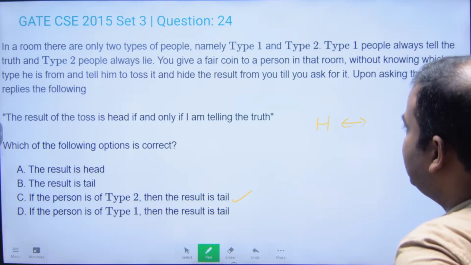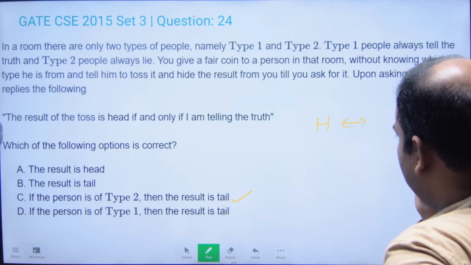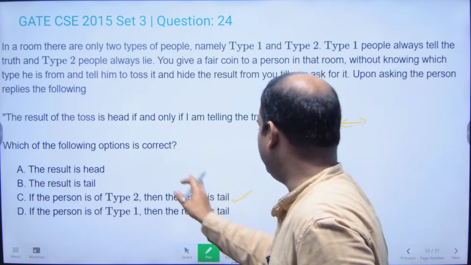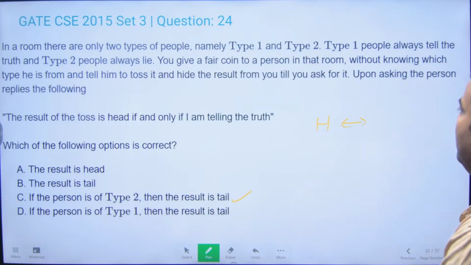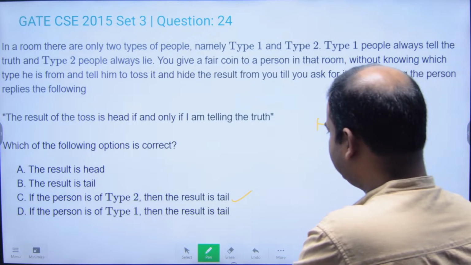Upon asking, the person replies: the result of the toss is head. Yes. We have already done the opposite, head to tail, so that is correct. Now, if he is type 1, then what happened? Out of options A and B, how can I conclude the actual result?